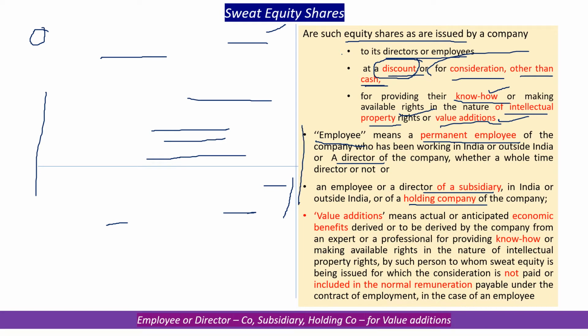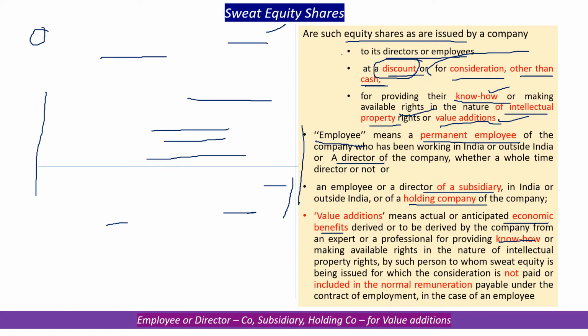That we have to indicate. And we came across a word called value additions here. Value additions means actual or anticipated economic benefits, some value saving somewhere the company receives, or professional fees for providing technical know-how.